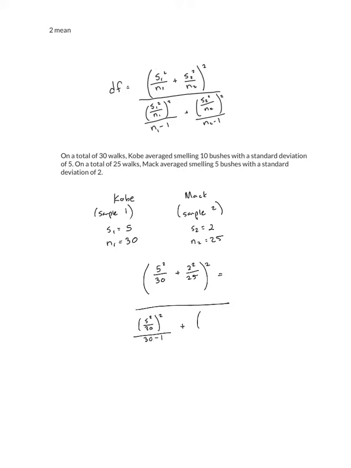I'm going to add that to S2 squared, which is 2 squared over 25, square that and divide it by N2 minus 1, which will be 25 minus 1. And I would find that value. Now, once again, I'm not dividing it yet. So I'd find this top value here, and then this bottom value here. And then, after I find those, I will divide them.